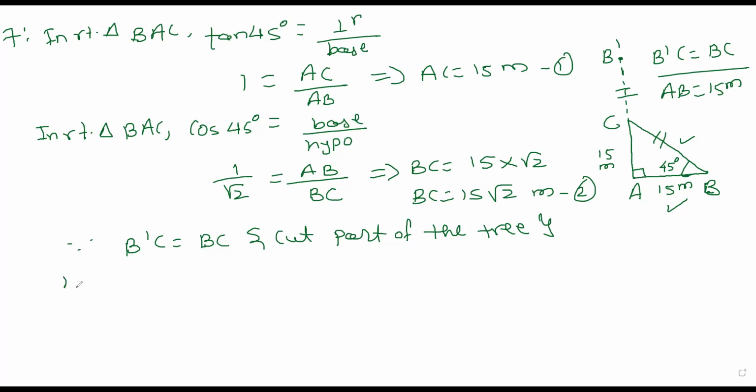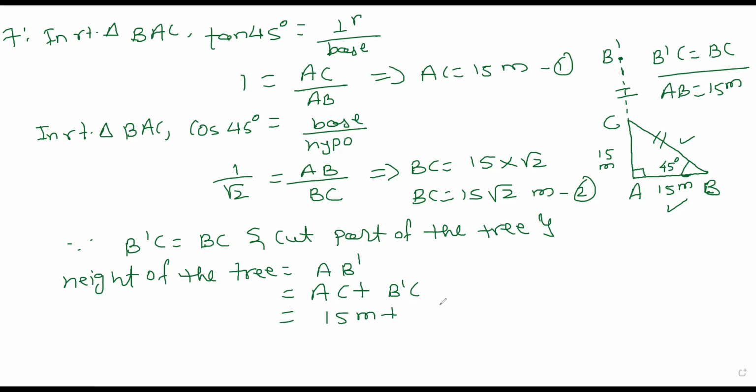So basically the height of the tree is equal to AB dash, that is AC, plus B dash C, that is 15 meters plus 15 root 2.